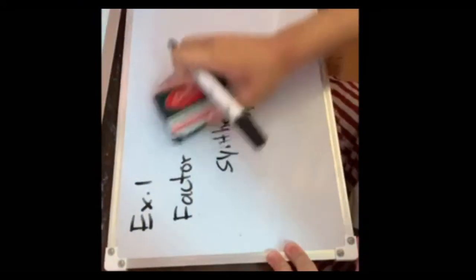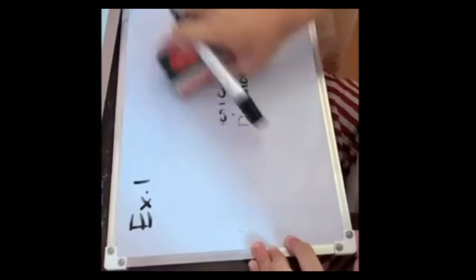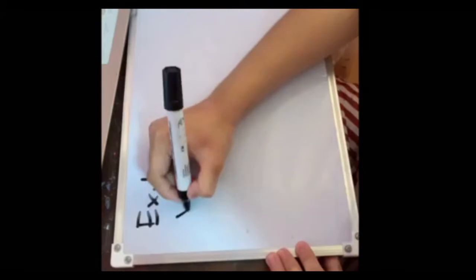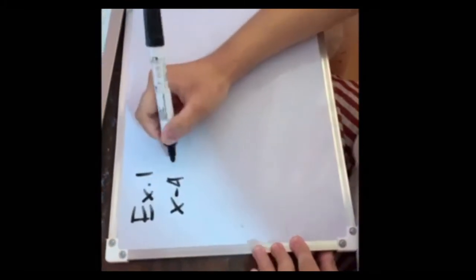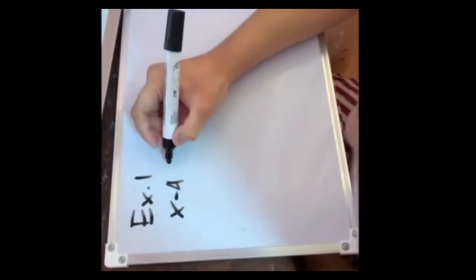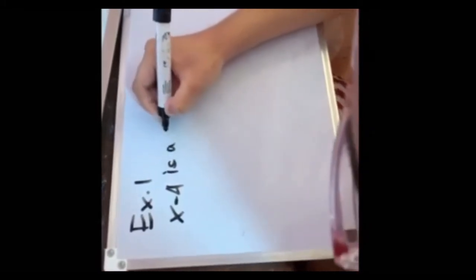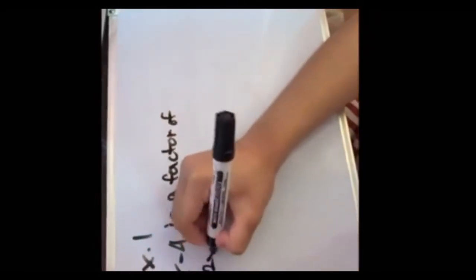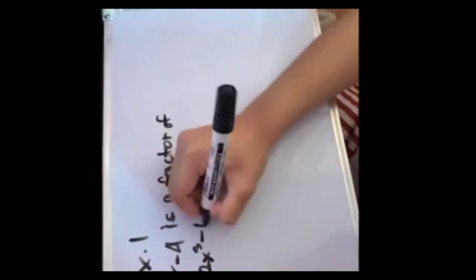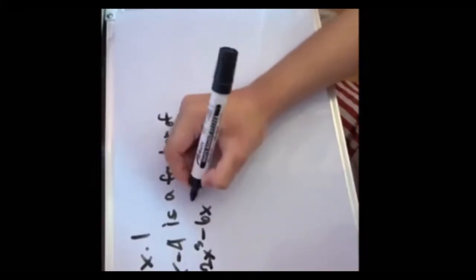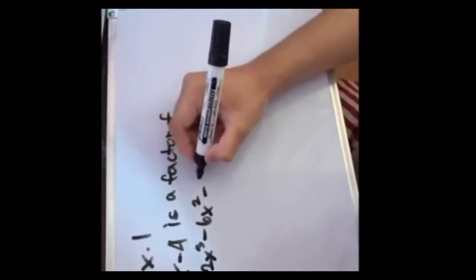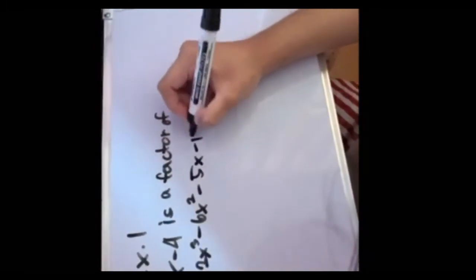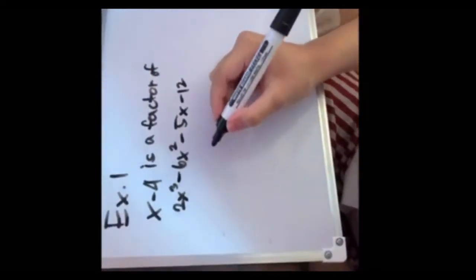For example, prove that x minus 4 is a factor of 2x cubed minus 6x squared minus 5x minus 12. Here is the synthetic division.